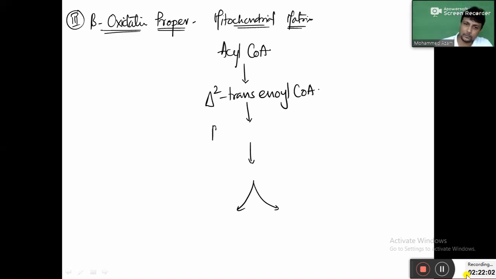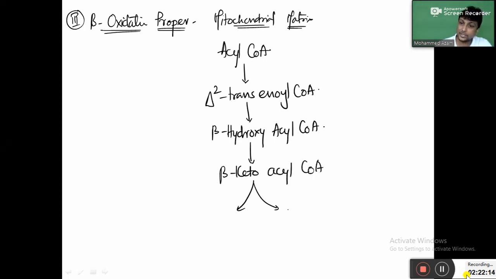Another one will be beta hydroxy acyl CoA. Another one will be beta keto acyl CoA, and that will finally undergo cleavage and split into acetyl CoA and acyl CoA.